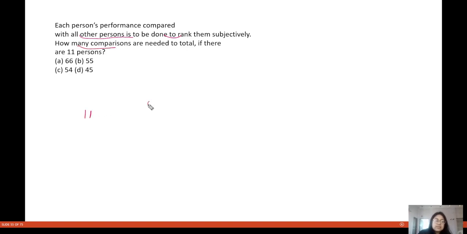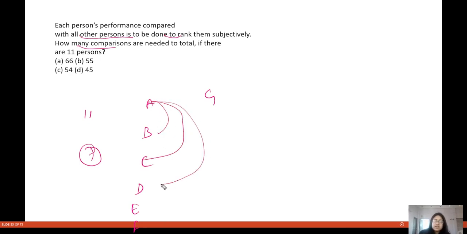Let's say we have 7 persons: A, B, C, D, E, F, G. We'll compare this one with this one, this one with this one, and this one also.